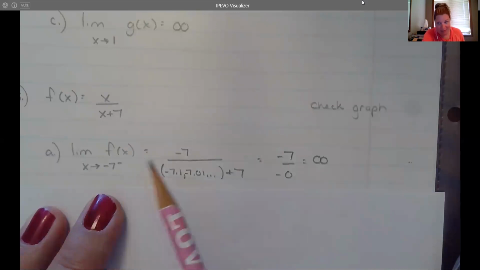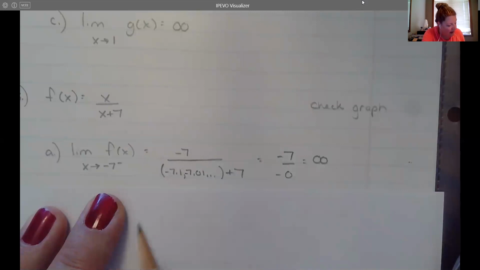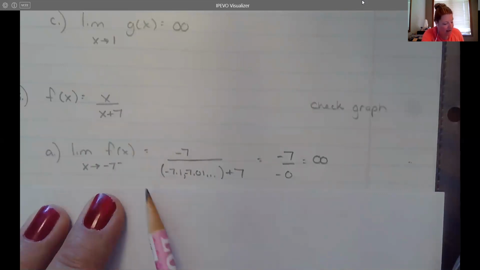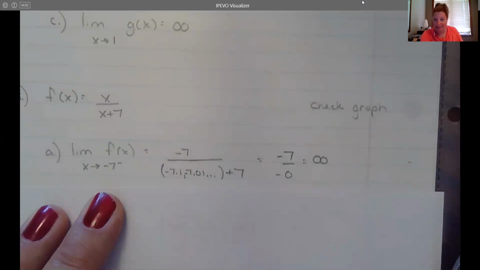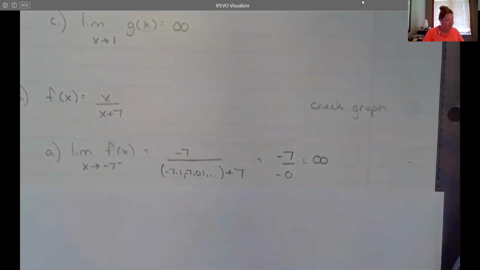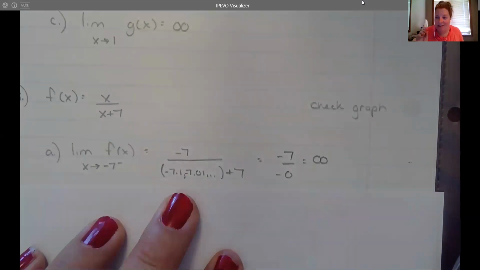We have negative 7 up top, and we put in negative 7 here. But when we're coming in from the left, we're going to be just a little smaller than negative 7. What's a little smaller on a negative? It's going to be negative 7.1, because negatives go the other way. Draw a number line if you need to. Or negative 7.01.